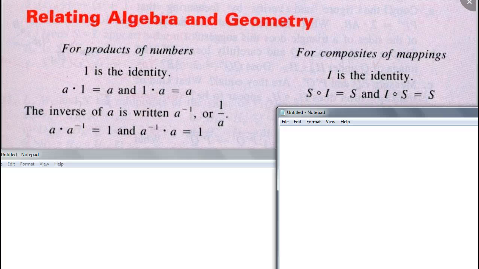Does that make sense? Can somebody think of an identity mapping that we've actually studied? Because we talked about this. What sort of mapping is an identity mapping, where if you apply it, you're back to where you are? Yeah, Nico?